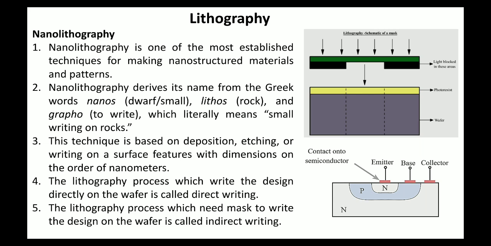The lithography process which writes the design directly on the wafer is called direct writing. Like you have a pen, pencil, or chalk, and with the help of that you are directly making a design on the paper or the board. If you are doing such a thing at the nanoscale, we call that nanolithography technique a direct writing technique.